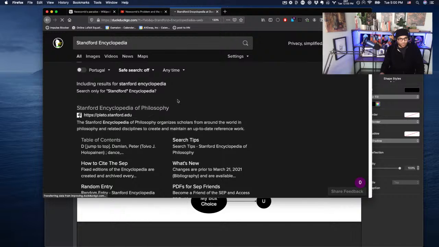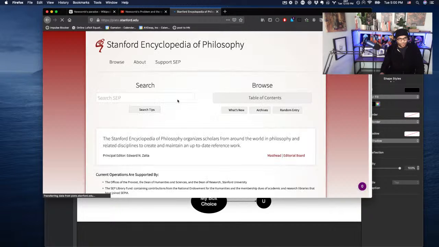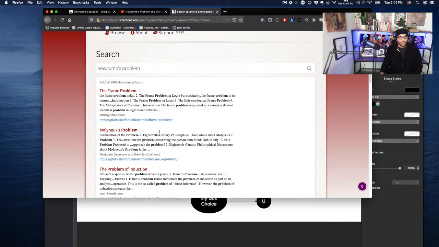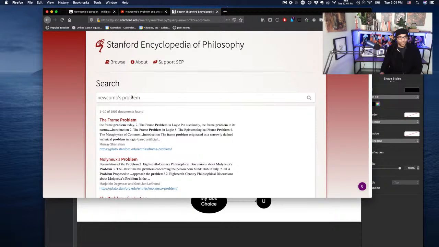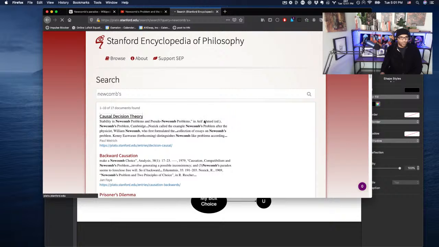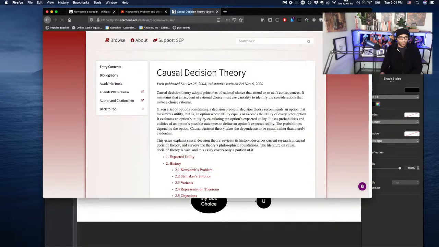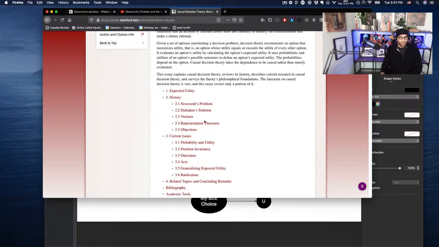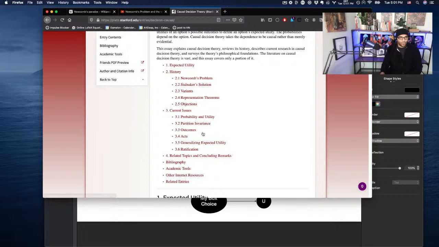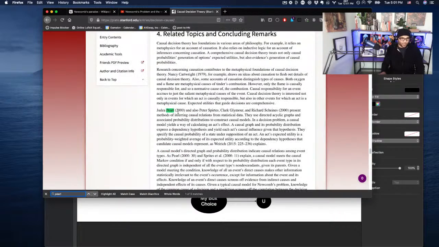Yeah, let's do Newcomb's Problem. Current issues. I think there was a bit in here from Pearl.